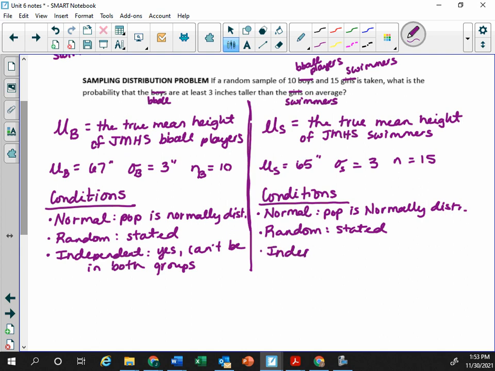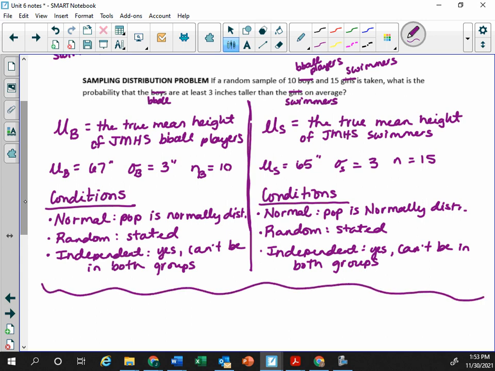Independent. Yes. Okay, so that's just all the stuff you have to do before we actually get into the sampling distribution part of it.